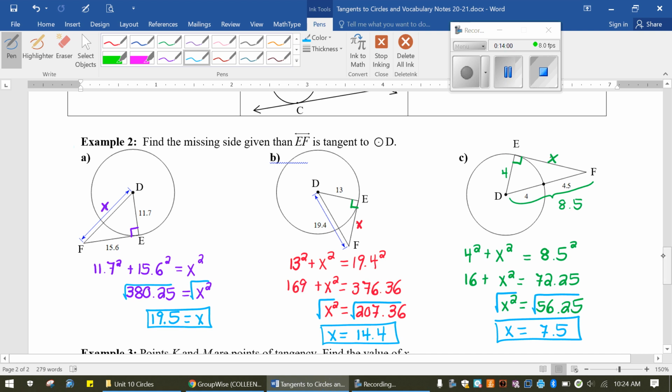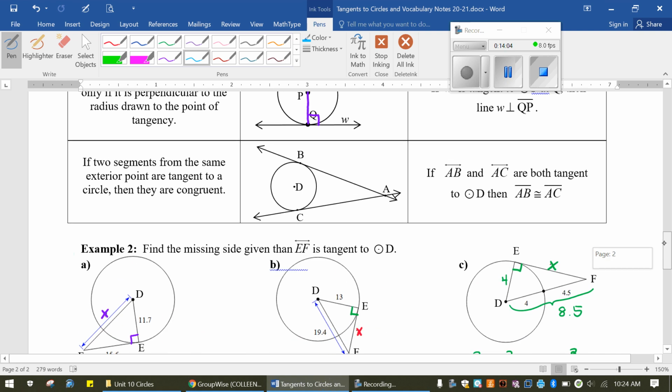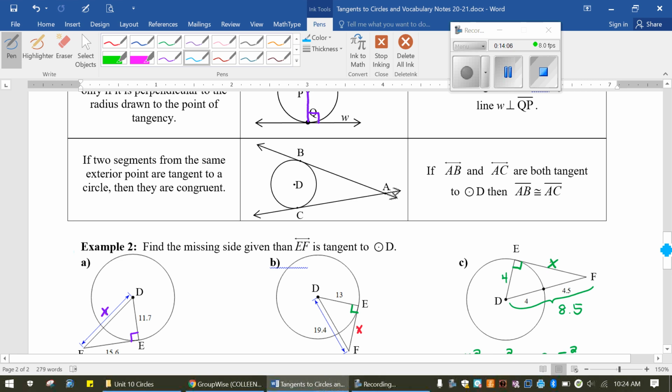Okay, all right, we're going to go back up to our tangent properties and look at the second one. The second property says that if you have two segments, so this would be the segment from A to B, and then from C to B. I say a segment because we're just talking about the piece from the tangent point to the outside point of the circle.